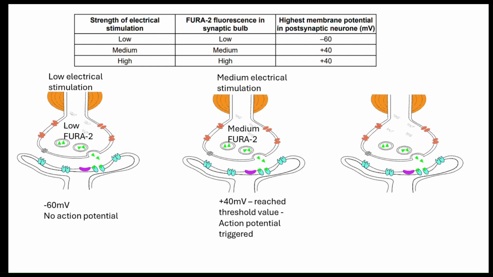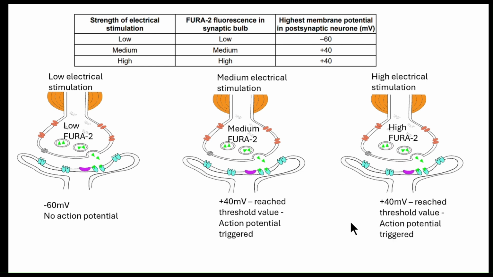So therefore, an action potential has been triggered in the postsynaptic membrane. And if we look at a high electrical stimulation, we have a high concentration of the fluorescence. Therefore, we can see that there is a plus 40 millivolts. We've reached the threshold value and an action potential has been triggered.